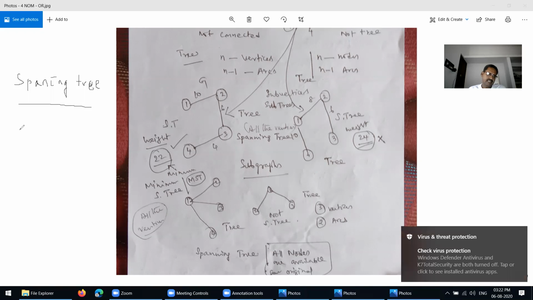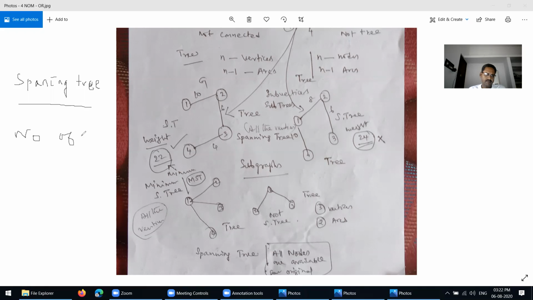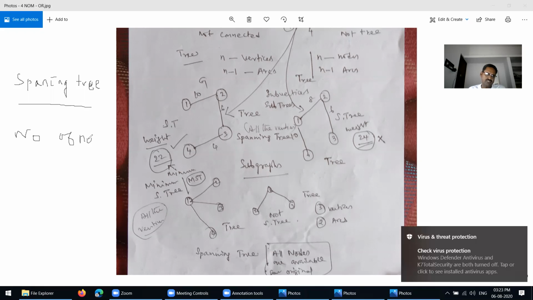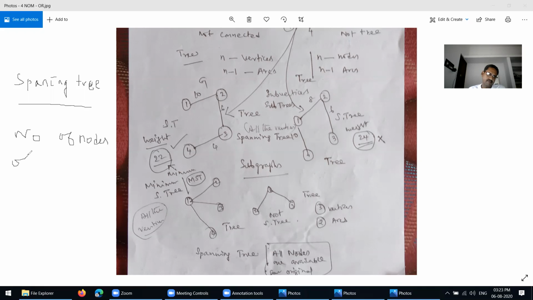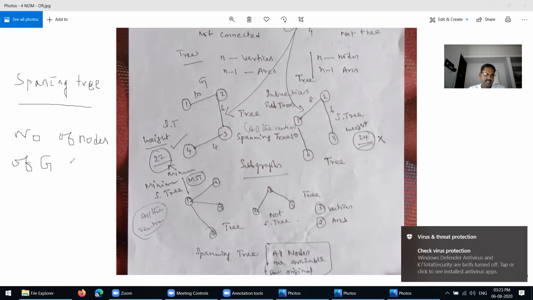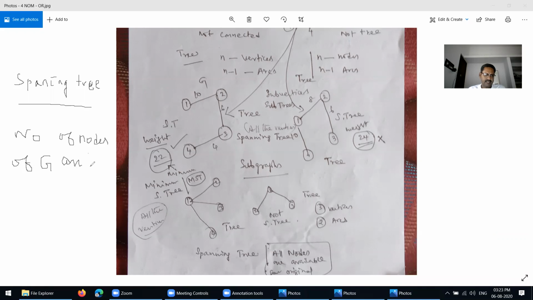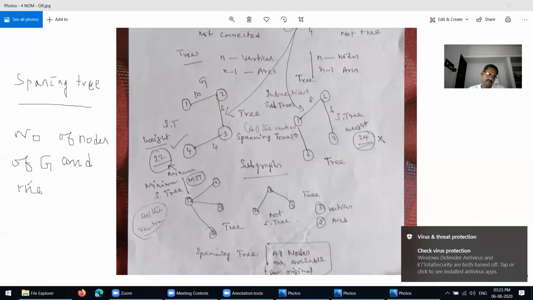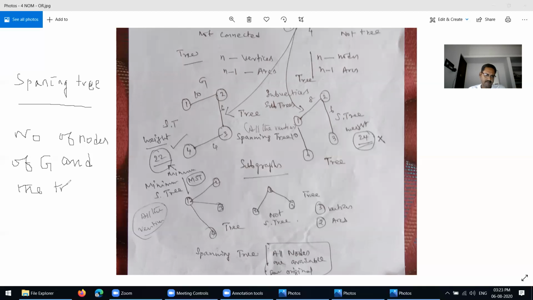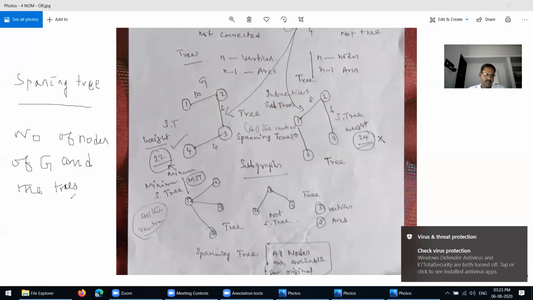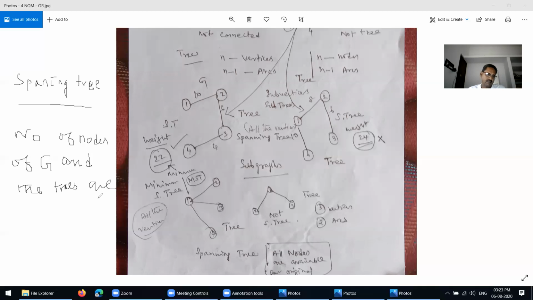Spanning tree: the number of vertices, the number of nodes, nodes or vertices both same, the number of nodes of G, where G is a connected graph, and the tree.